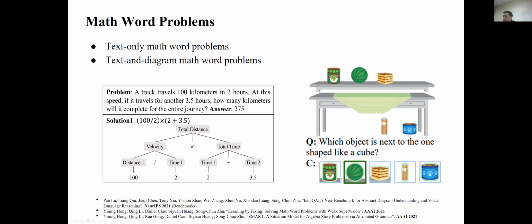And this is another type of question that my student generated. It's called IconQA. It's basically asking which object is next to the one shaped like a cube. So the cube is here, and then this is the watermelon. So you need to first parse the scene, and then you know the spatial relations, and then you know the attributes. Which one is a food, for example?